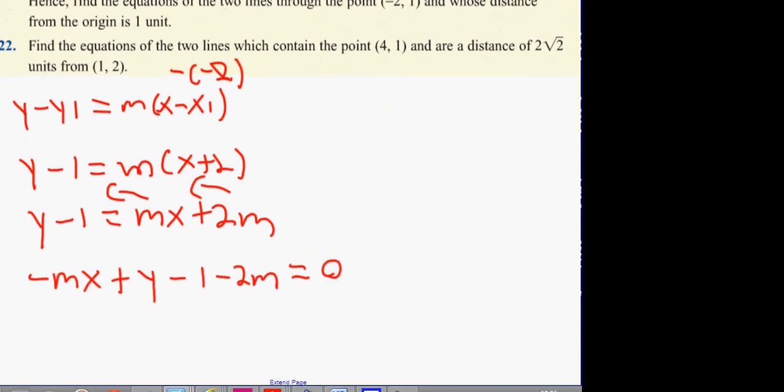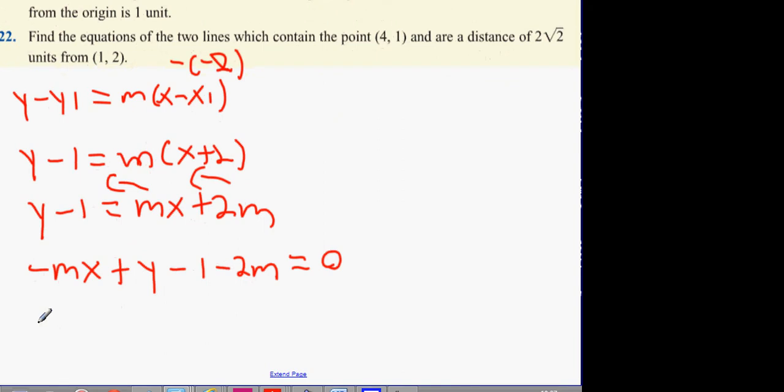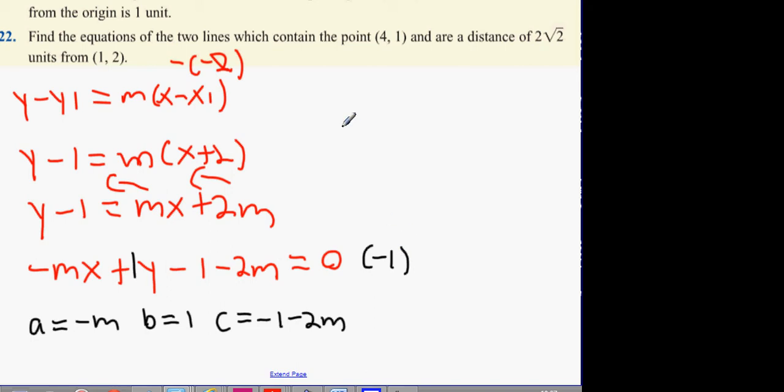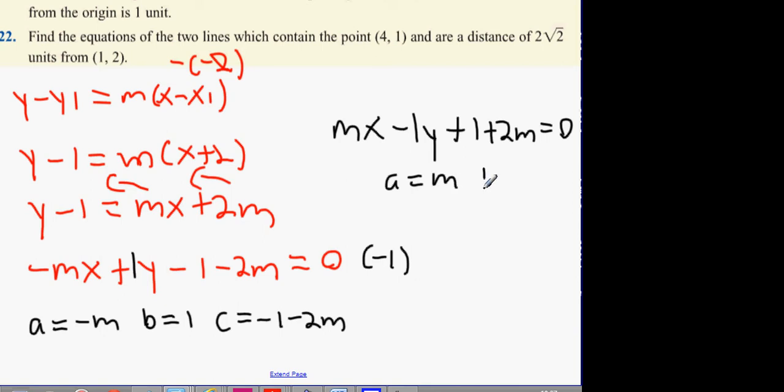So in this answer here, a is minus m, b is 1, c is minus 1 minus 2m. There's another answer to this. If I multiply both sides by minus 1, I could have got mx minus 1y plus 1 plus 2m equals 0. In this case, a equals m, b equals minus 1, and c equals 1 plus 2m.